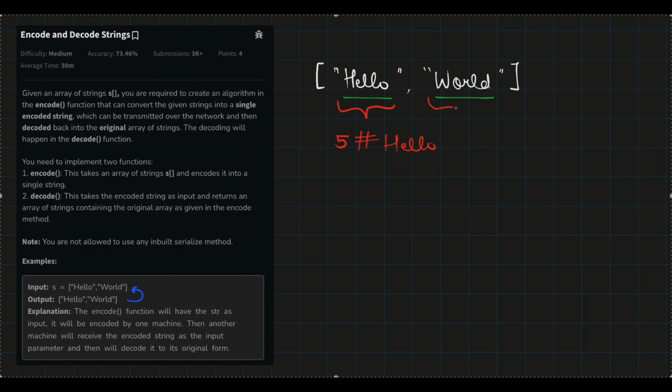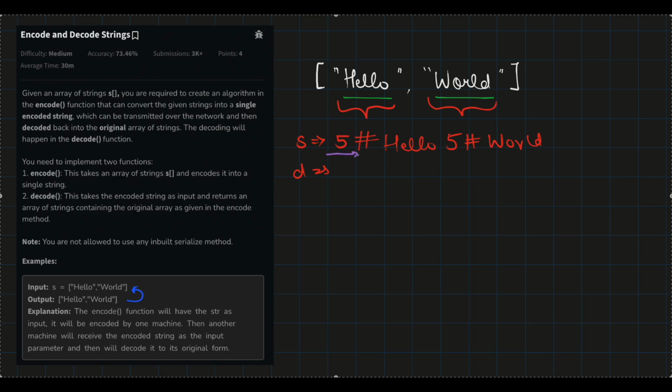Now again for this one, what we will do is the length of the word, that is 5, followed by a hash symbol and then followed by the word. So this is our string. Now when we decode it, we will traverse it until we get a hash symbol.